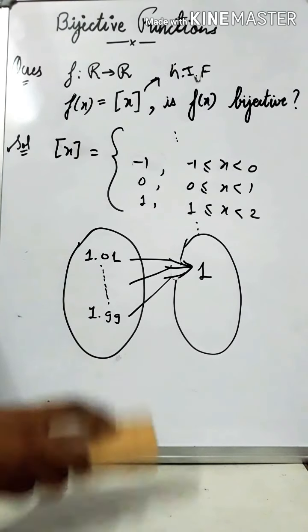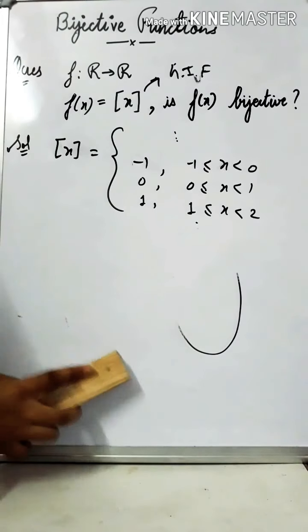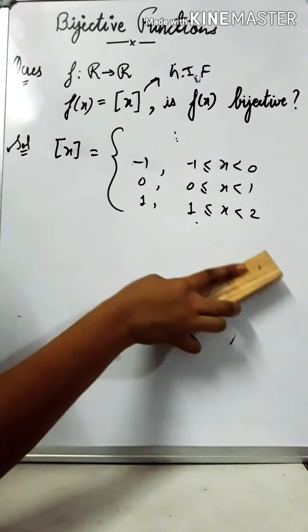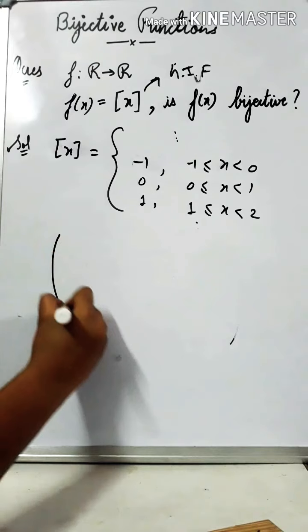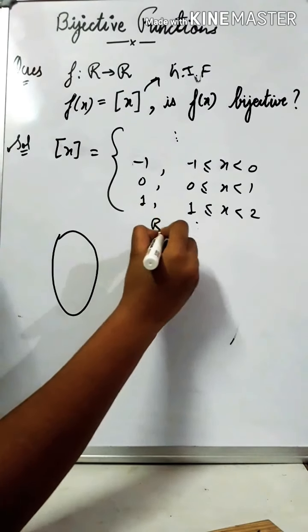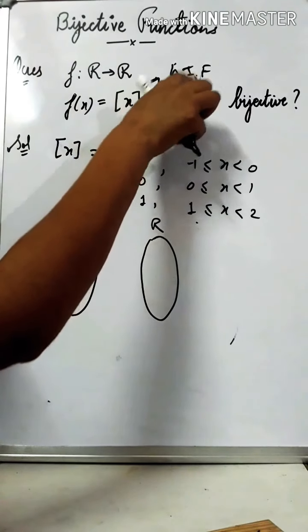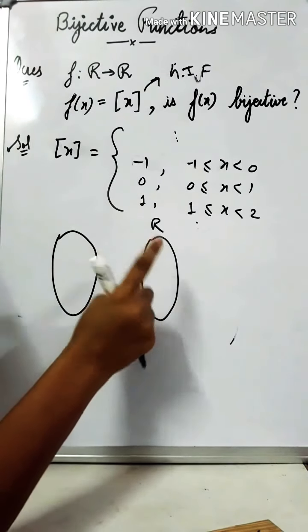Now let us check if the function is onto. As such, we need not check, because if the function is not 1 1, then the function is not going to be bijective. But let us just, for our own understanding, check. Now you see, your function is converting real numbers into integers, right? Greatest integer function. All the decimals will be converted into what?